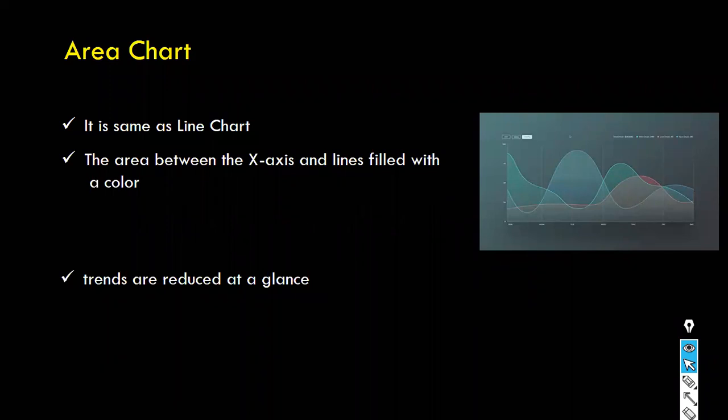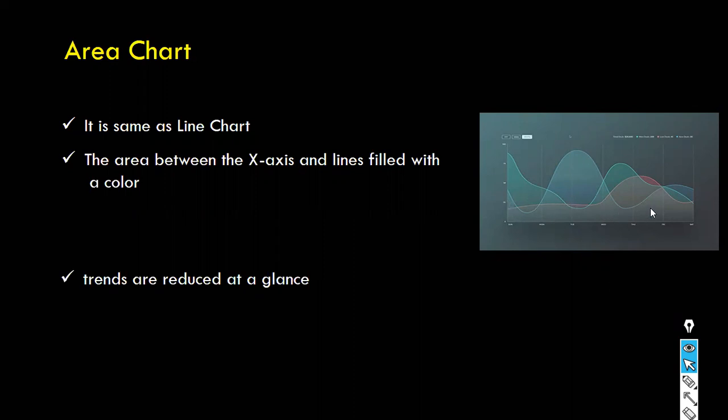Okay, so the area chart is useful to represent different data series like the line chart. The only difference, like I said, is that the area between this x-axis and this line is filled with colors. So with that, we can make comparisons between different data.